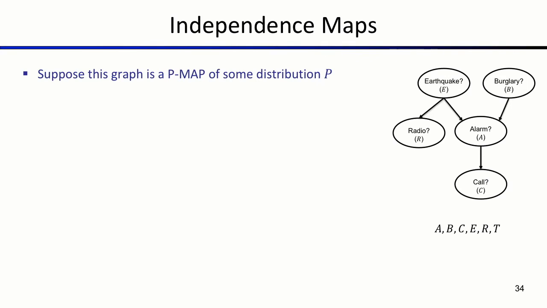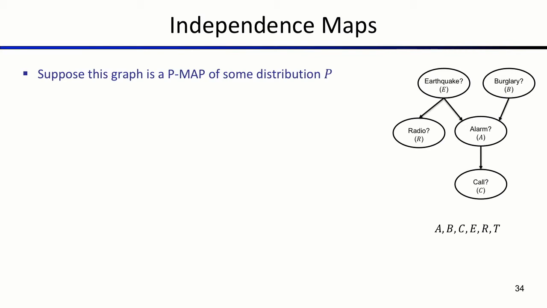So let's suppose that this graph here is a perfect map for some distribution P. What I mean by that is that if we look here and we find this separation between nodes, we will know that there is independence in the distribution P, and if we don't find this separation here, it means there is a dependence between the variables in the distribution P. So it will be a representation of all independence that we have for the distribution P. It will make our life easier as the algorithm asks for dependencies and independencies between the variables, so we can check those here in the graph, right?